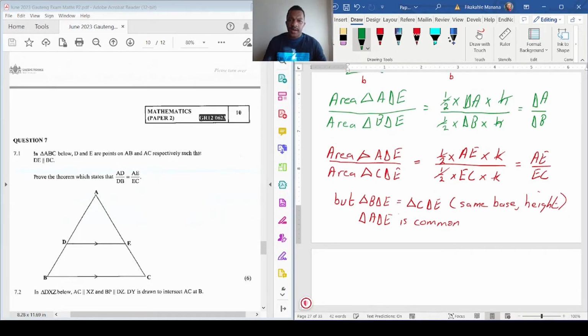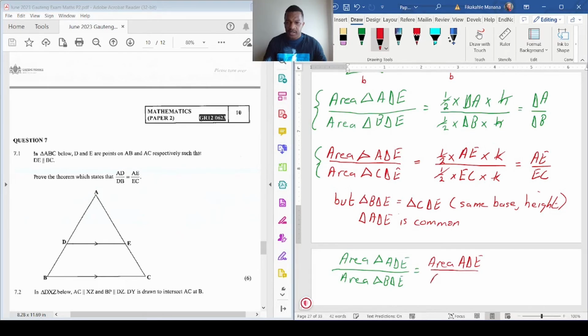Now that we've determined that the bottom triangles are equal and the common triangles are the top ones in the fractions, we can make the statement that the area of triangle ADE over the area of triangle BDE is equal to this bottom one, the red one: the area of ADE over the area of CDE.